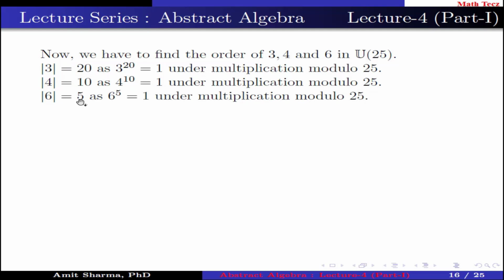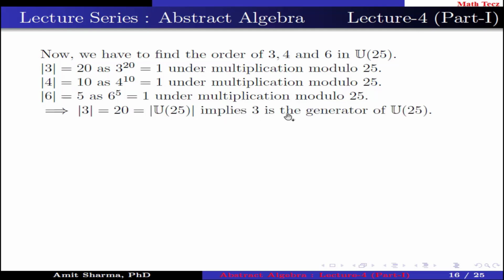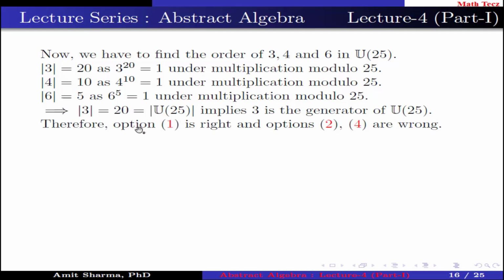Order of 6 is 5, as 6 raised to the power 5 is 1 under multiplication modulo 25. Implies order of 3 is 20, which is equal to order of U25, implies 3 is the generator of U25. Therefore, option 1 is right and options 2 and 4 are wrong. Hence, option 1 is right.